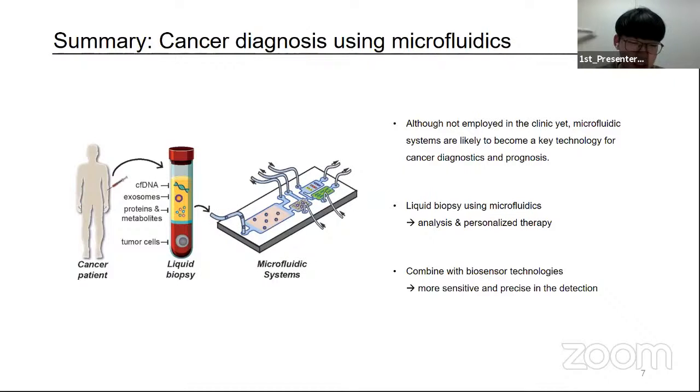Therefore, microfluidic technological advances that are used in cancer diagnosis, prognosis, and to monitor its progression and recurrence will likely lead to personalized therapies. In some cases, integrated microfluidic technology coupled with biosensors is proving to be more sensitive and precise in detection of cancer biomarkers than conventional assays.